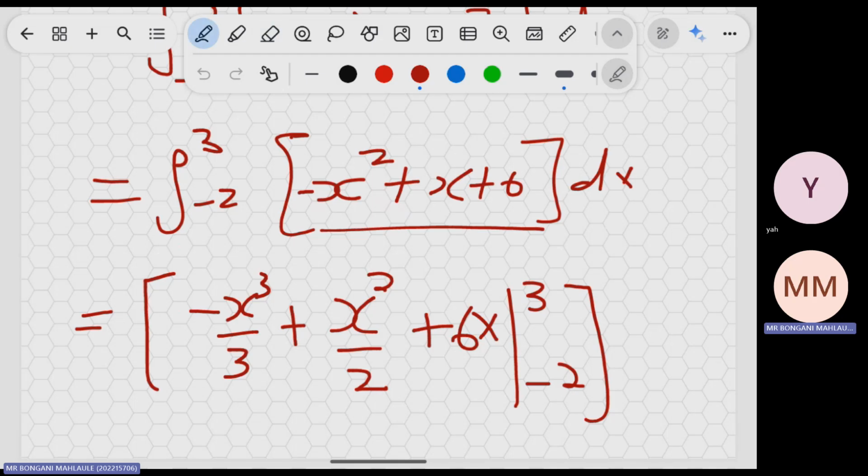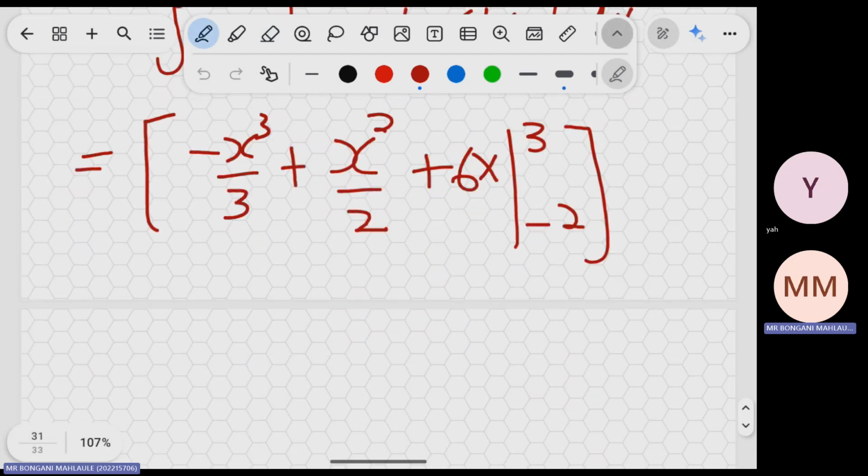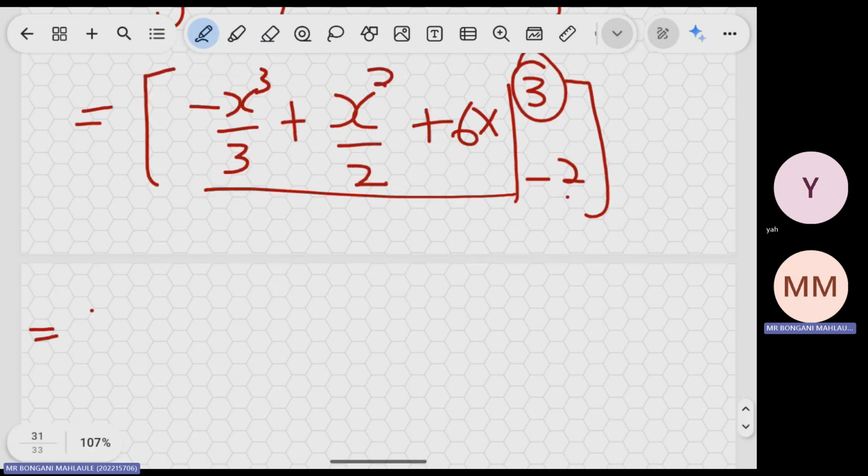Let me add the page. So now you'll have to substitute the first point here, then you subtract the second one. So I'll just show all the steps.